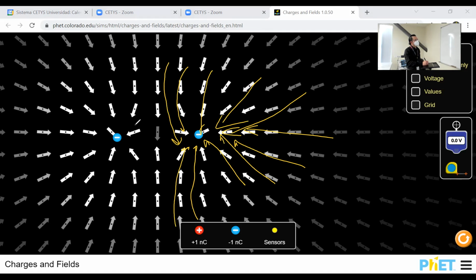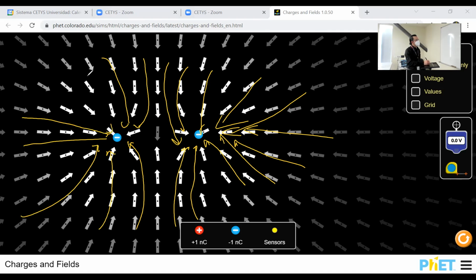And also here as well. So we're going to see these electrical fields interacting, but again, they're going to be crashing into each other. And that crashing into each other is kind of defined by this here in the middle.